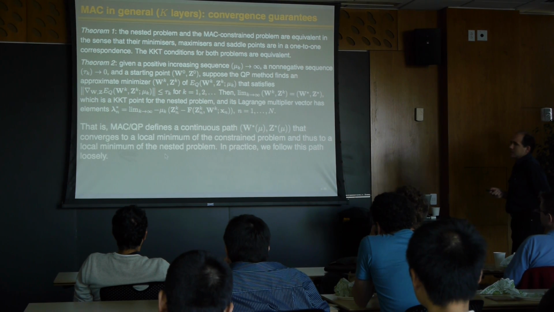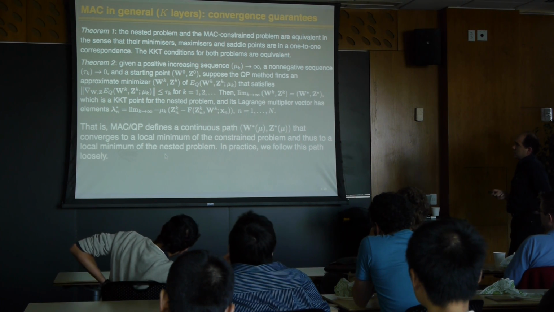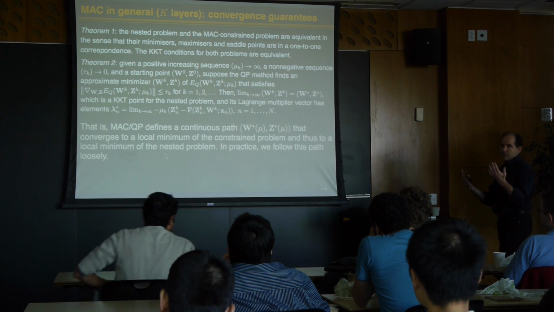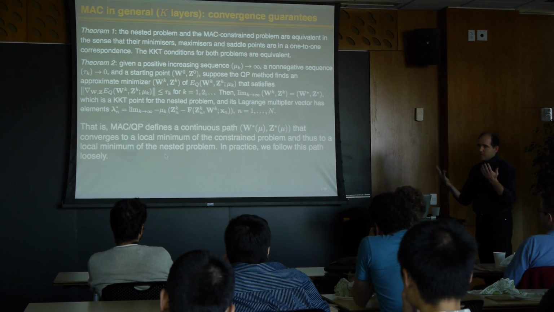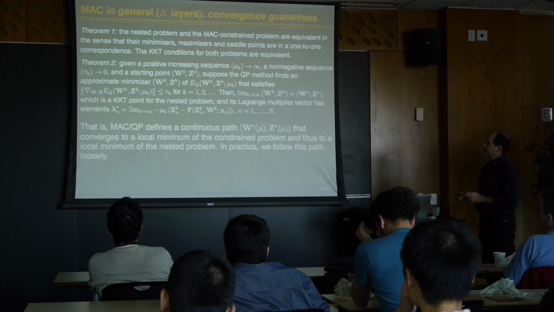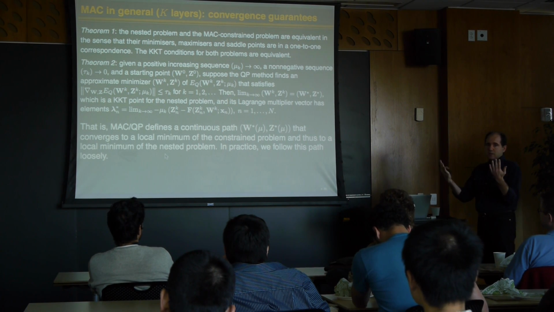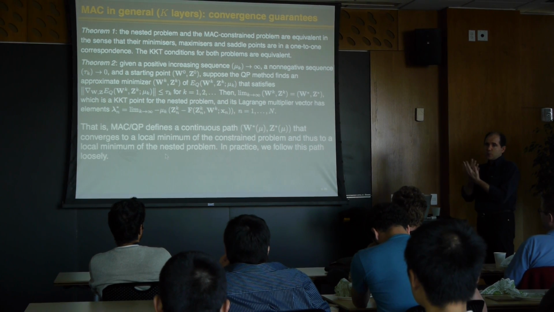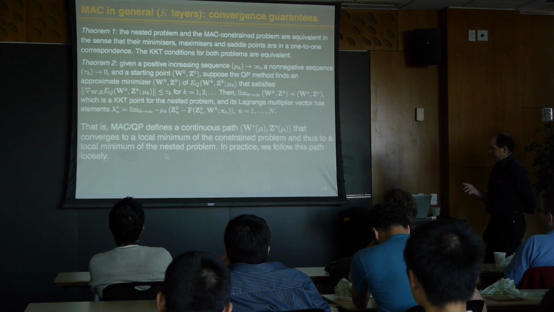The algorithm converges, and here are two theorems about that. The first one tells you that the nested problem and the constrained problem are equivalent, which intuitively looks true. You can prove the KKT conditions are in a one-to-one correspondence, the minima, maxima, and saddle points are in a one-to-one correspondence with each other.